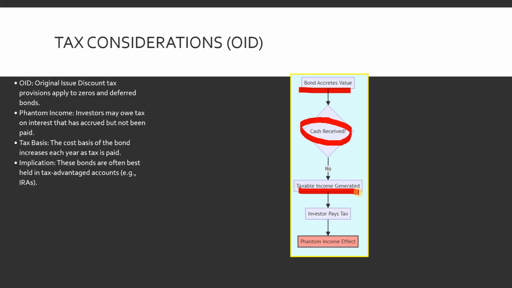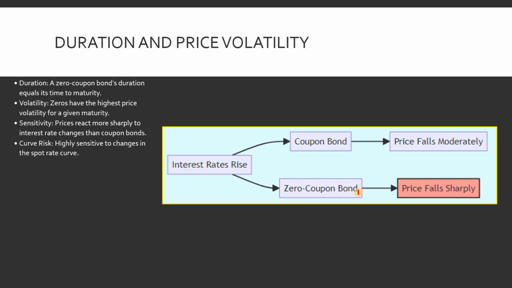Now let's move and touch on duration and price volatility. We must also consider risk. The Macaulay duration of a zero coupon bond is exactly equal to its time to maturity because they lack early cash flows to offset price moves. Zero coupon bonds have the highest duration and price volatility for a given maturity.